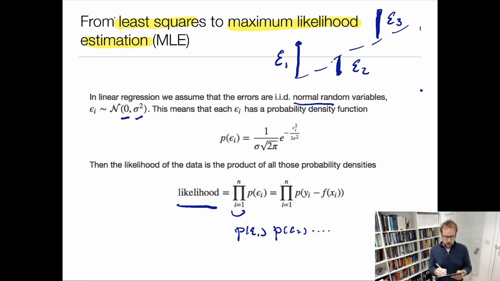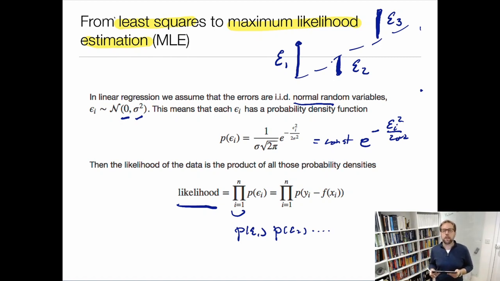A Gaussian, very importantly, is just some constant times e to the minus epsilon i squared over 2 times the variance. The constant doesn't really matter for our case. It's just a normalization so that the probability sums to 1.